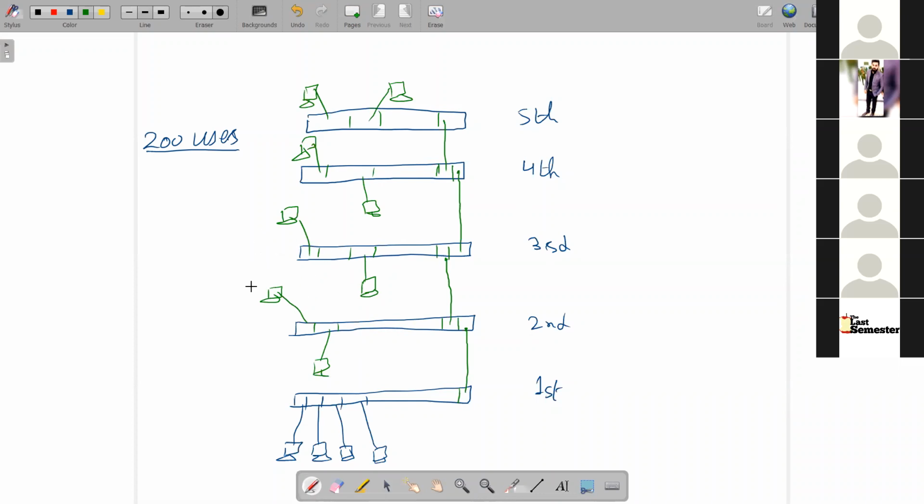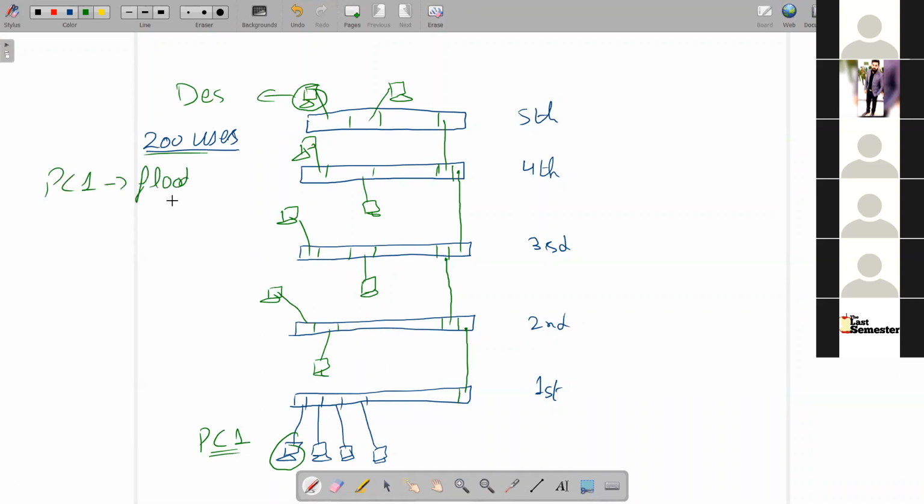What's going to happen if this PC1, the first person, wants to communicate with this specific destination? This PC1 will flood a broadcast.